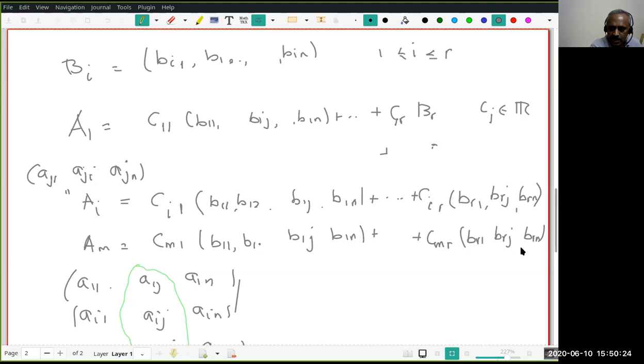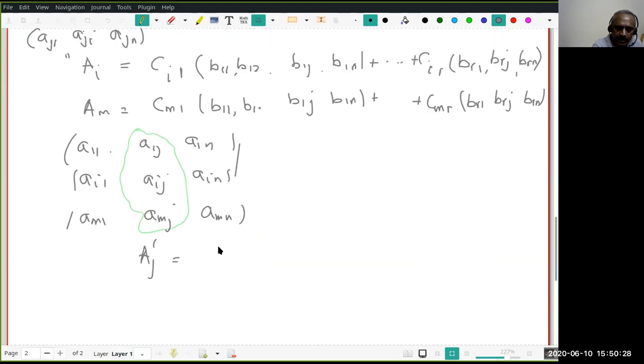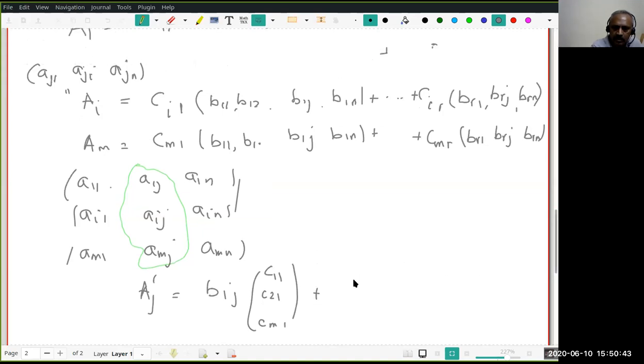Do you see the same r? So what I have done is a_j is going to be b_1j times this object c_11, c_21, c_m1. Do you understand this? Now dot dot dot.